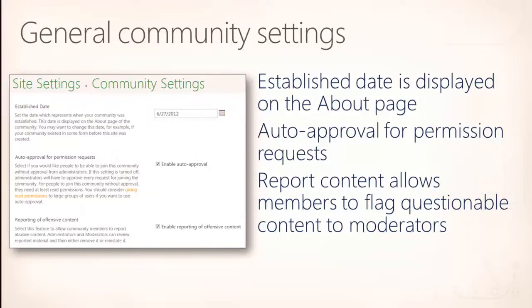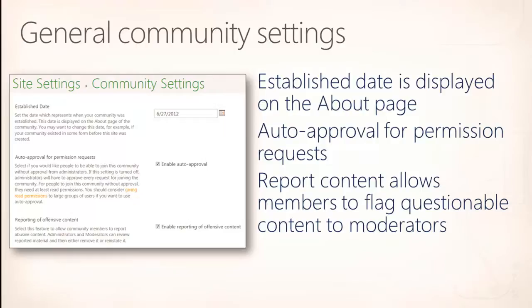Or you may want to hold off on announcing your site until you've really got a collection of material there and your moderators in place. And so you want to just set the established date as the date that, this is really when we're going live. And that established date appears on the About page of the community.